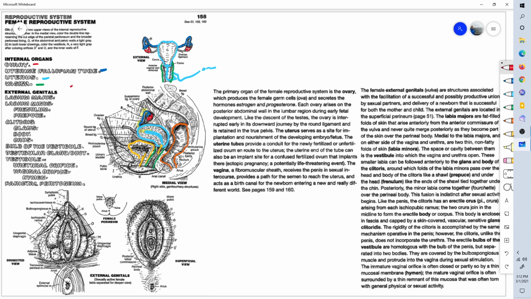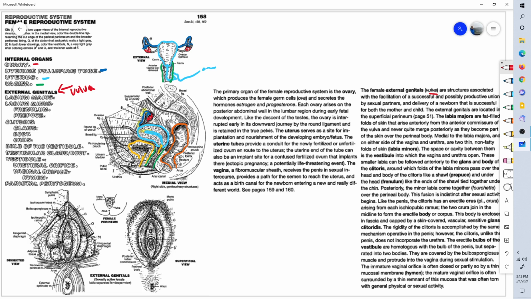The external genitals of the female reproduction together have a name called the vulva. Collectively, they are called the vulva. And all of these structures facilitate reproduction with a partner.